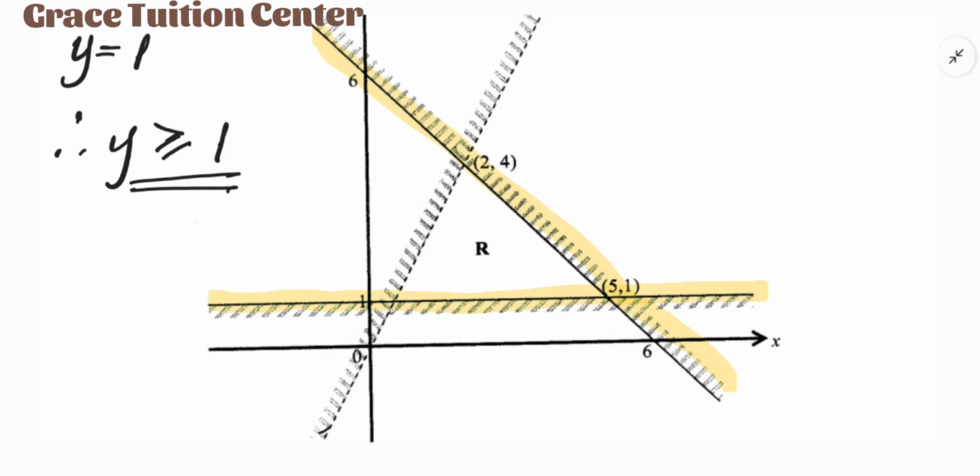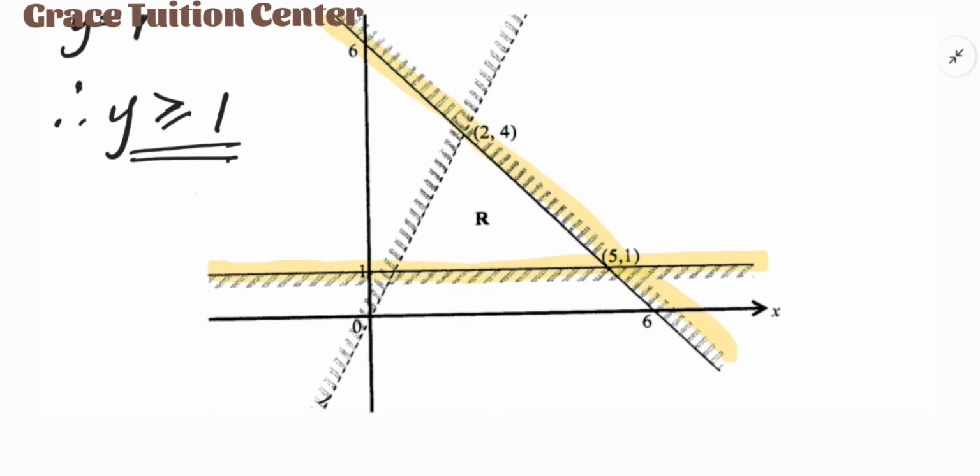Okay. So when you look at this line compared to the first line that we have done, you're going to notice that this line is slanting. It's cutting both the y and the x-axis. So if you're going to find the equation or inequality for this line, you must first find its gradient. Is that okay?